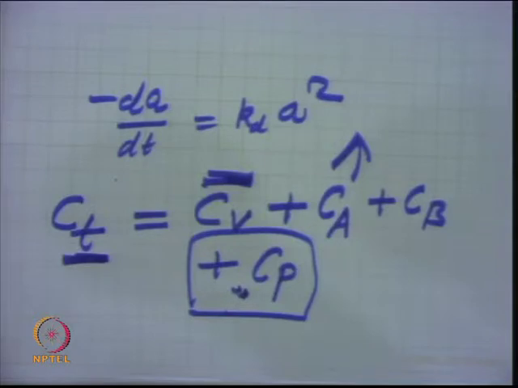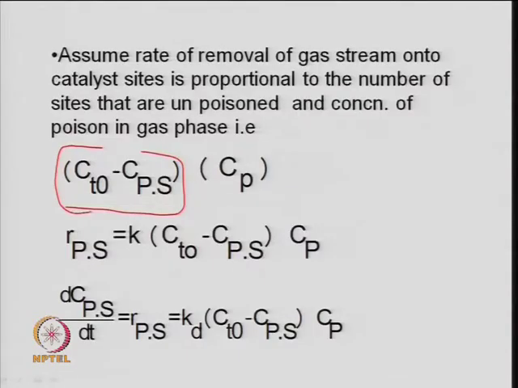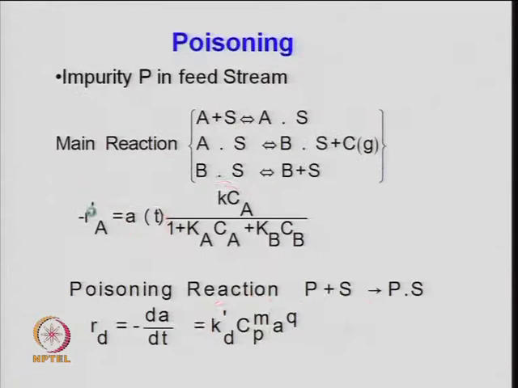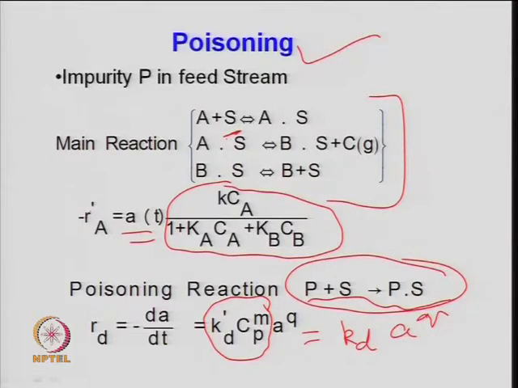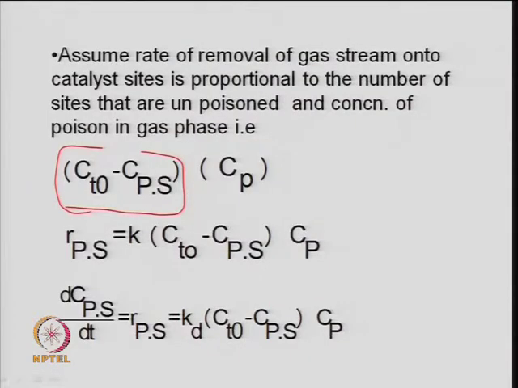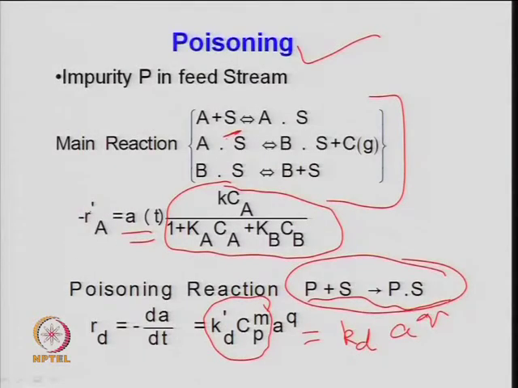So, this is written here if you look at C_t0 minus C_ps basically, right. The same expression which we have written in terms of activity or how this rate is changed, because what we have written here in terms of deactivation, can also be written in terms of the concentration of the poison precursor and the concentration of the vacant site C_s.